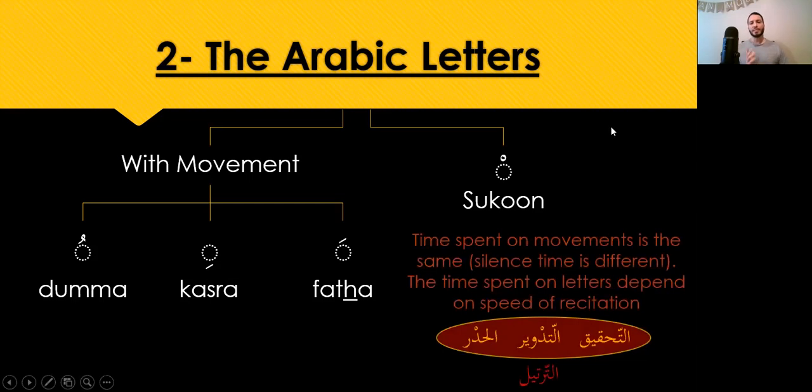When we read the Quran, the time that we spend on the letters is the same for the movements. The silence is different. We're going to learn about that. But the movements are the same. So for example, if I said sami'a, when I'm reading sami'a, I have to spend the same amount of time on sa, mi, and a.